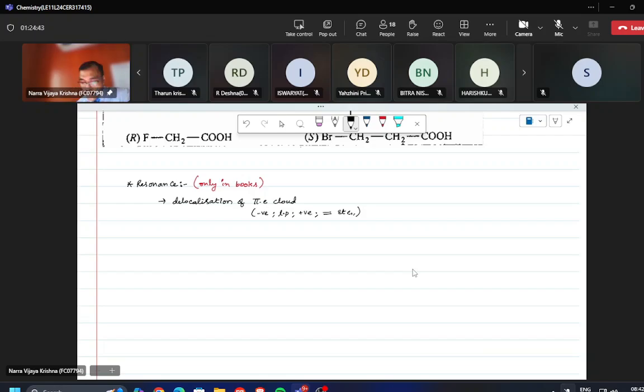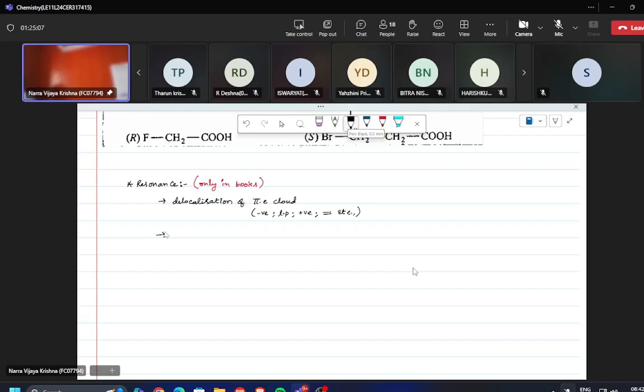What about the relative position of atoms? Will atoms change their position or not? If the position of atoms also changes, then what do we call it? Tautomerism. We also call it desmotropism. Tautomeric structures are equilibrium structures.